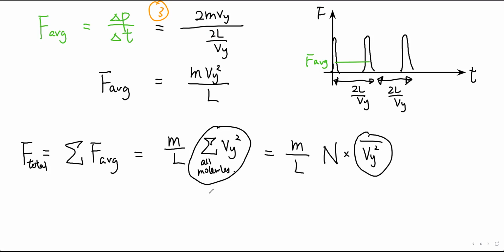So how do you find that average? Due to random motion, we will say that the average of Vy squared will be the same as the average of Vx squared, and also the same as the average of Vz squared, because the motion is random.